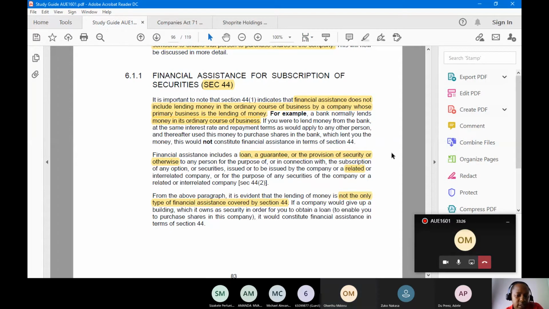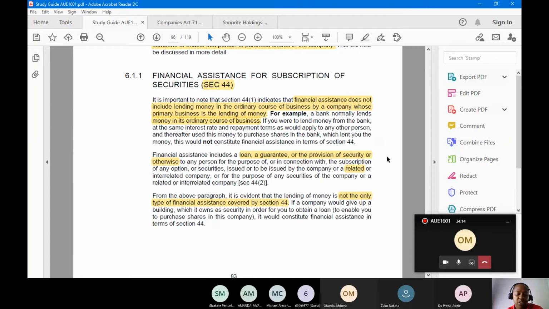Yes, so if you read here, it says, for example, issued or to be issued by the company or a related or interrelated company, or for the purpose of any securities of the company or related or interrelated company. So even if it's a case of a company that would be related or interrelated, firstly it says to any person for the purpose of or in connection with the subscription of any option. So any person connected. So for example, let's say I am one of the directors, and being one of the directors, I run my own business on the side.